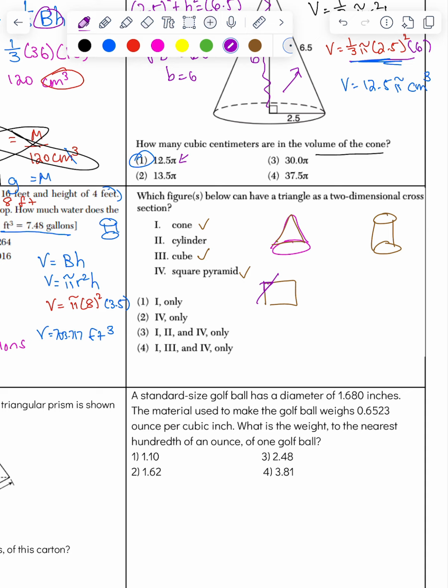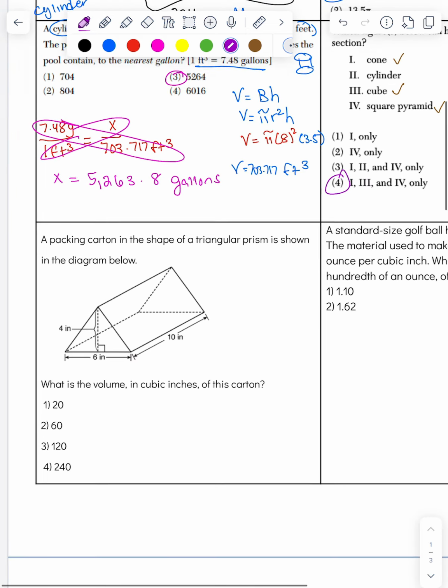So this one should have been an easy one with process of elimination though, because there was no answer choice that said only 1 and 4. So once you determine that 1 and 4 for sure are correct, then your other option is just to decide between cylinder and cube, and there's no way in a cylinder that you're going to be able to get a triangle. So the correct answer is 1, 3, and 4.